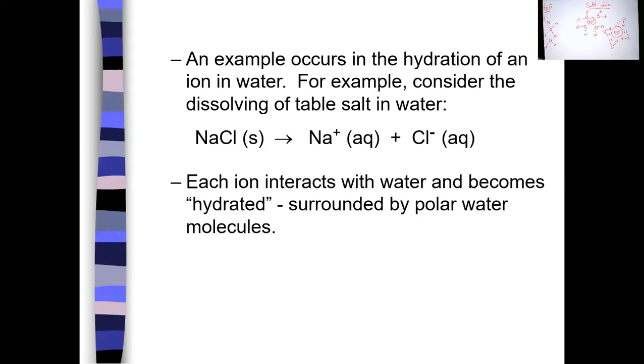When it's surrounded by water molecules, we say the ion is now hydrated. If I told you to get hydrated, you'd probably go drink some water. When the ions are surrounded by water molecules in the way we just drew them, the ions are hydrated.